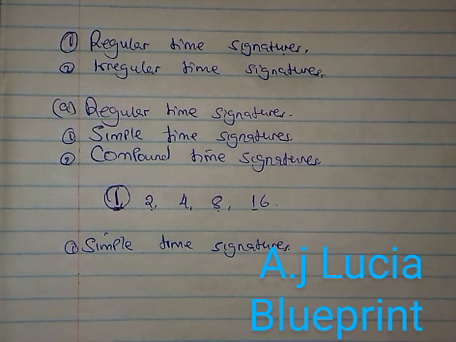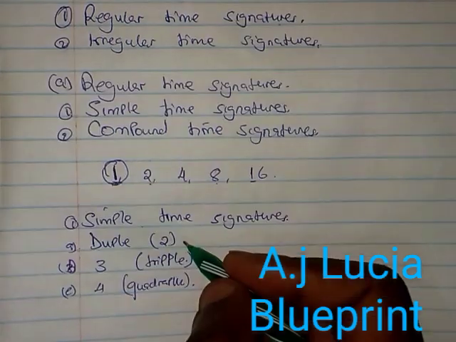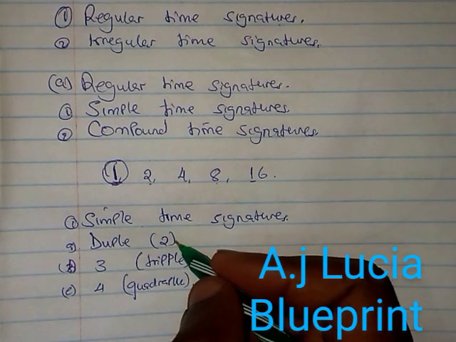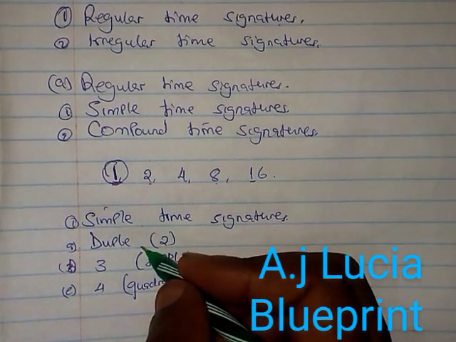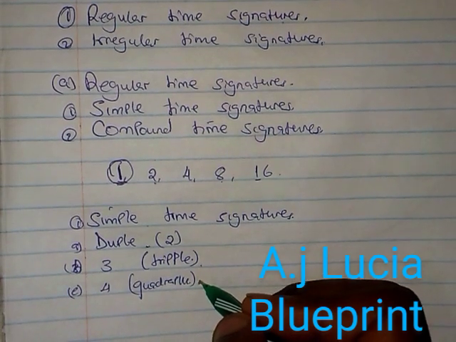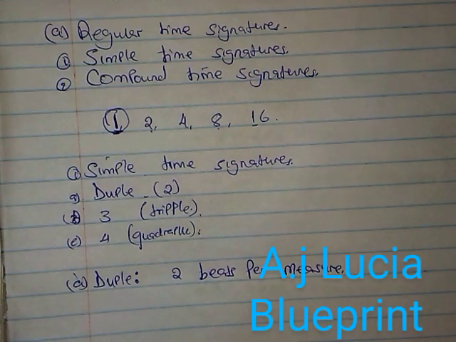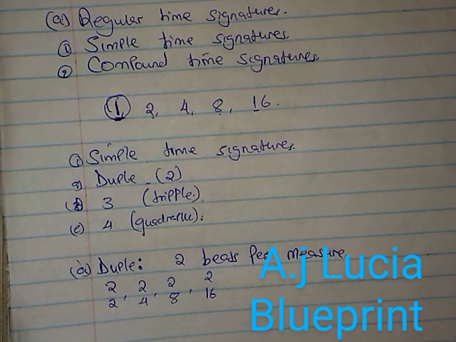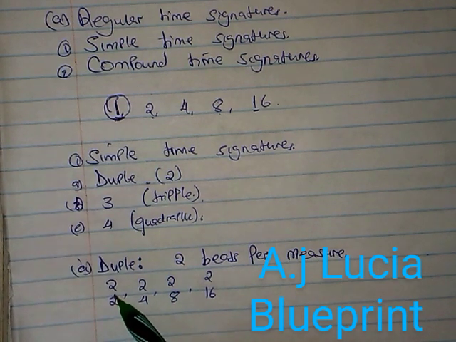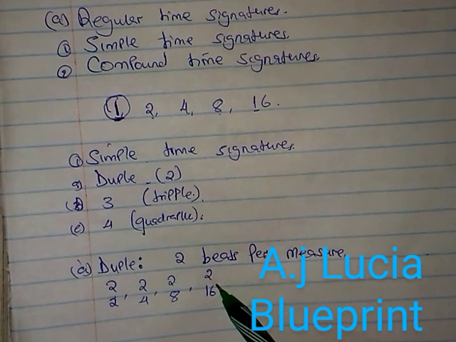Simple time signatures are divided into 3 categories: 2 or duple, 3 or triple, and 4 or quadruple. Duple means 2 beats per measure and can be either 2, 2, 2, 4, 2, 8, or 2, 16.